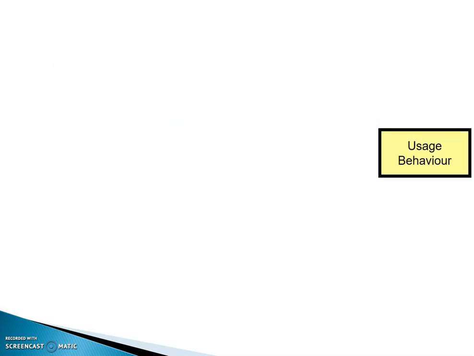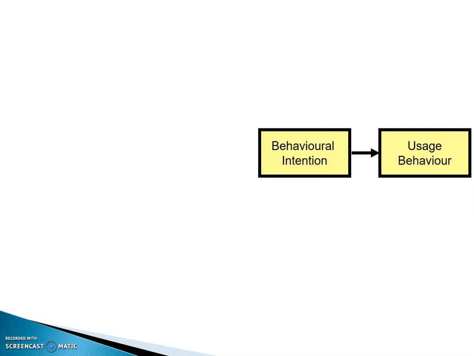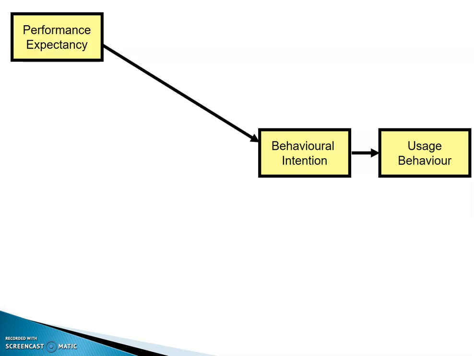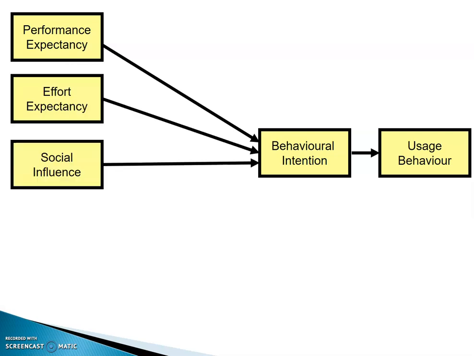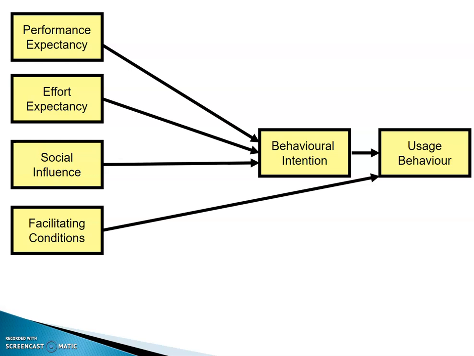So the UTAUT model, same as TAM, ends with usage behaviour. Intention of use or behaviour intention, same thing, is before that. And our 4 key candidates, performance expectancy, effort expectancy, social influence and facilitating conditions, govern those.